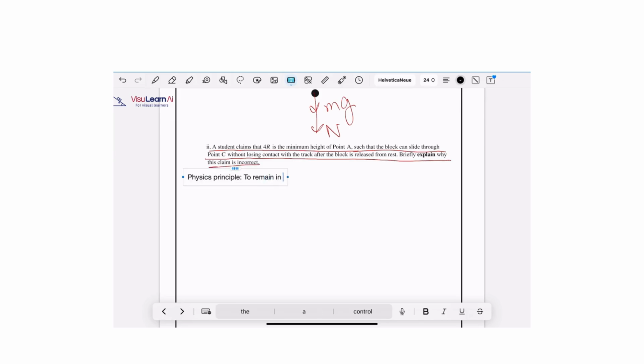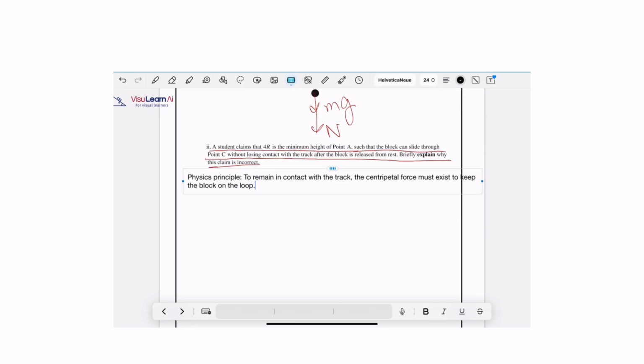The physics principle is that in order to remain in contact with the track, the centripetal force must exist to keep the block on the loop.